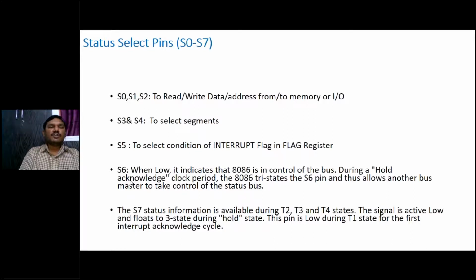During hold acknowledgement, the 8086 tri-states the S6 pin, thus allowing another bus master to take control of the status bus. S7 is used to know the status of the hold state. So that's why they are using these S0 to S7 pins.